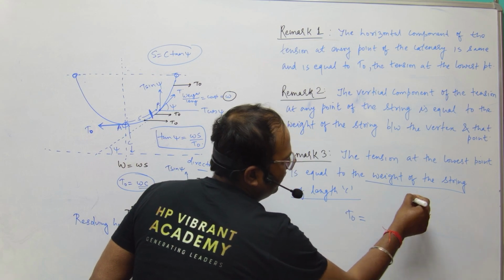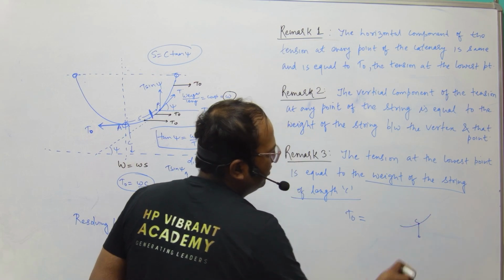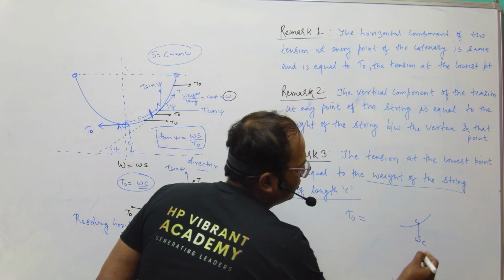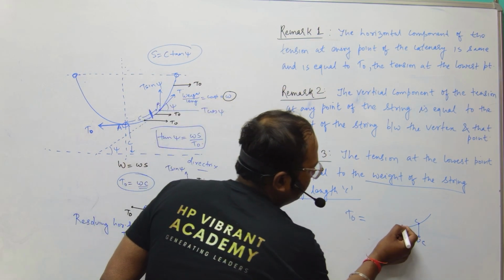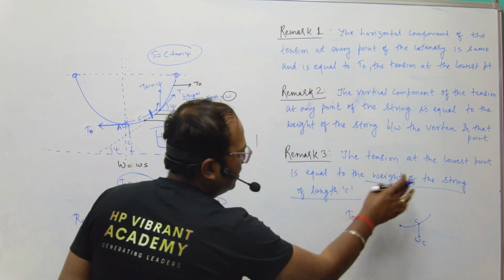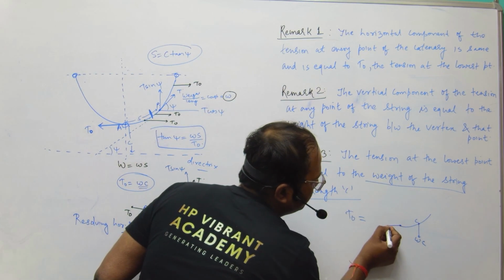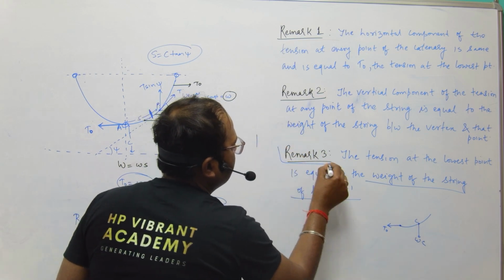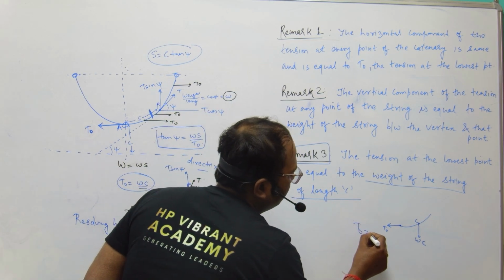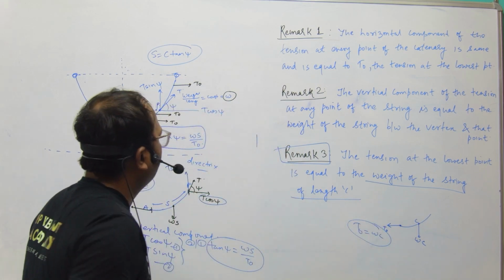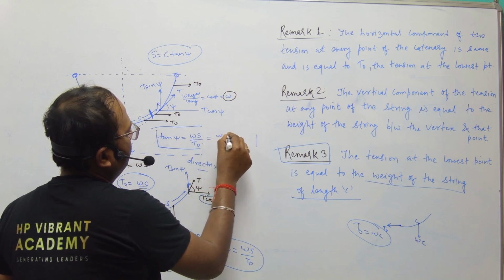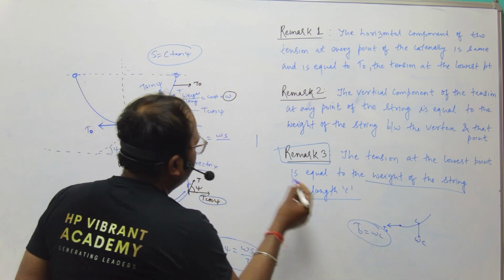So what will be the weight? Weight will be weight per unit length into length, so this is small w into C. The tension at the lowest point is in the horizontal direction, that is T naught. So based on remark 3, we can say that T naught is equal to wC. Let us place it here: ws upon T naught is equal to ws upon wC.